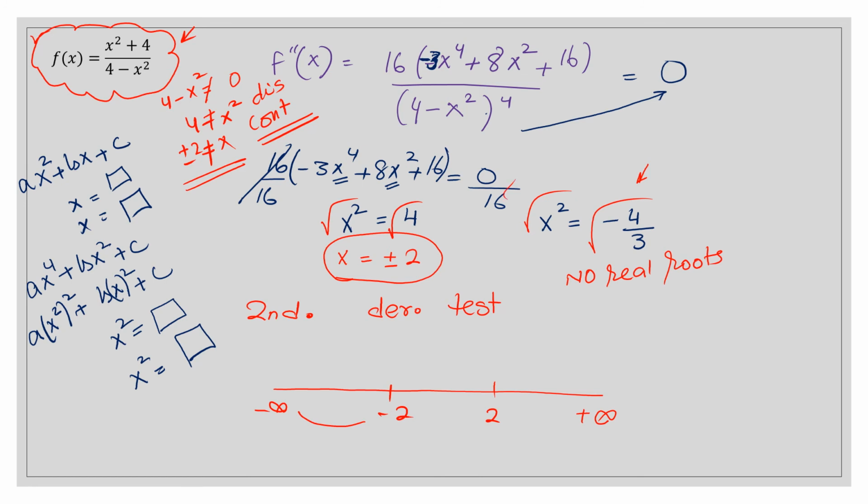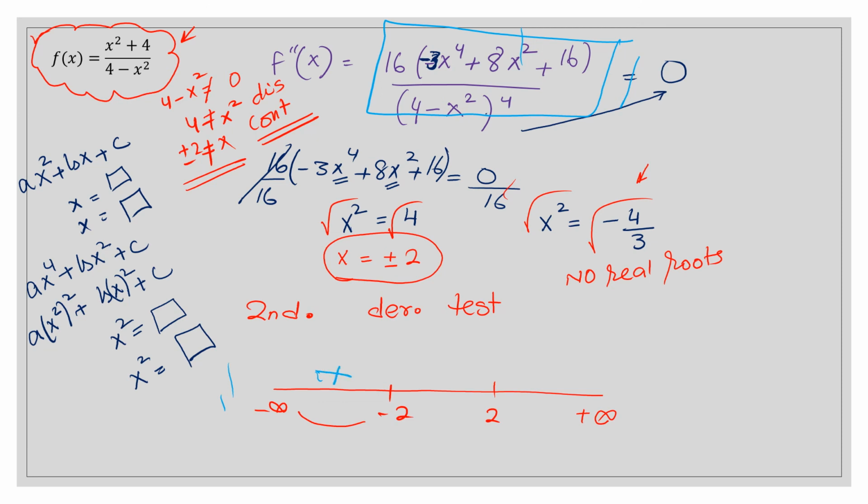This is our second derivative here. And let me just highlight it. So this is our second derivative. So if you write here, for example, take a number and choose 0. Okay, so if we choose 0, we will get, not a 0, sorry, negative 3. If you choose, you will get a positive sign.